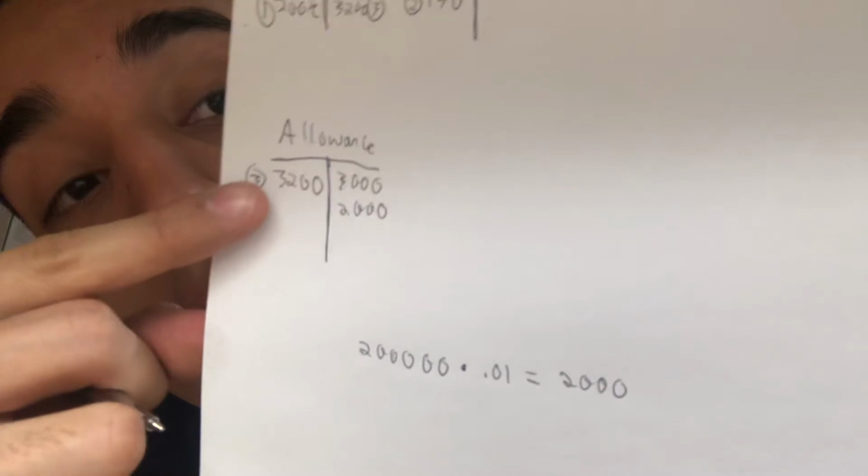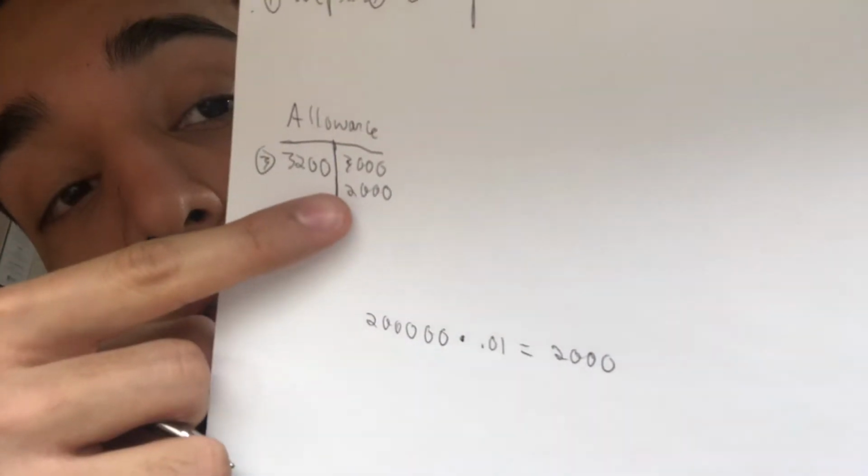So where does that 2,000 go? It goes into the allowance account on the credit side because it's a contra asset, so its normal balance is a credit. So add that 2,000. That's what we're working with so far, right there. That's where the 2,000 was just added.